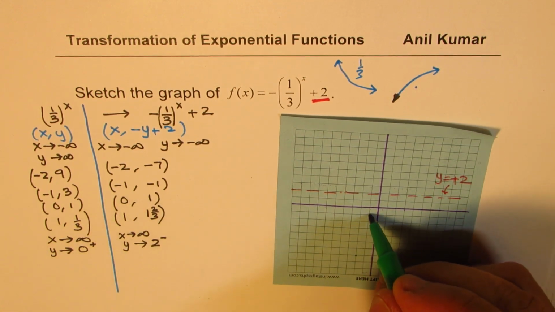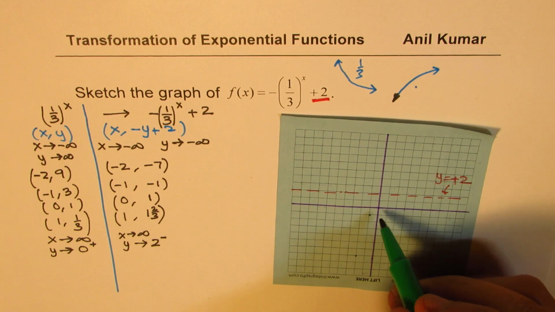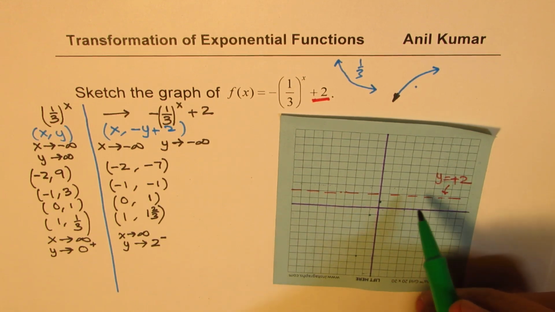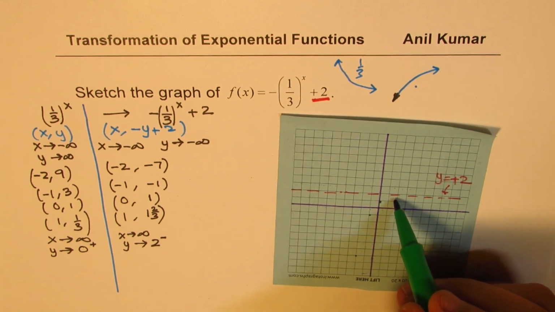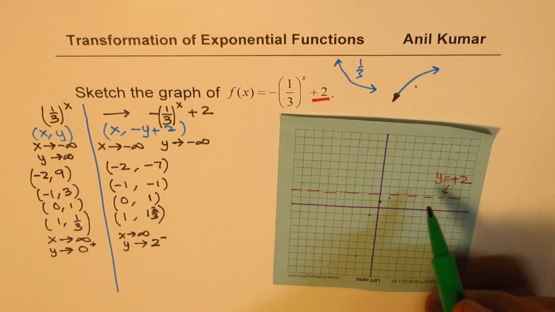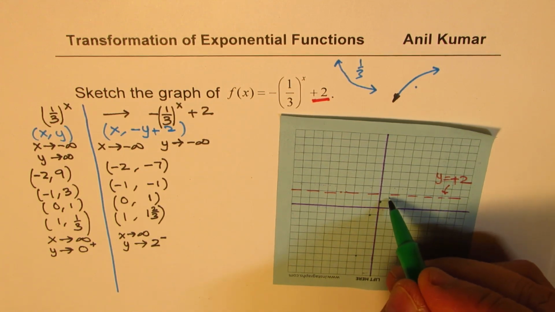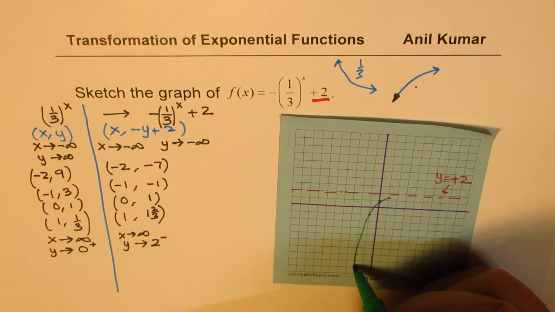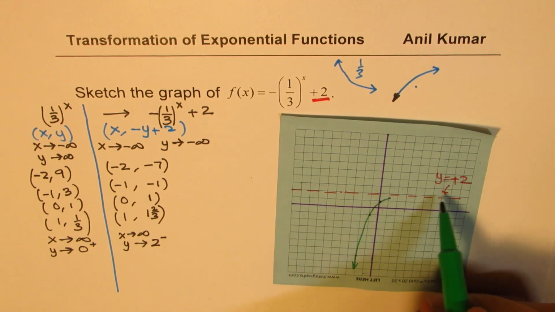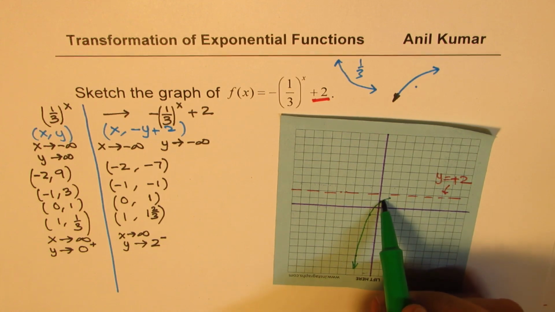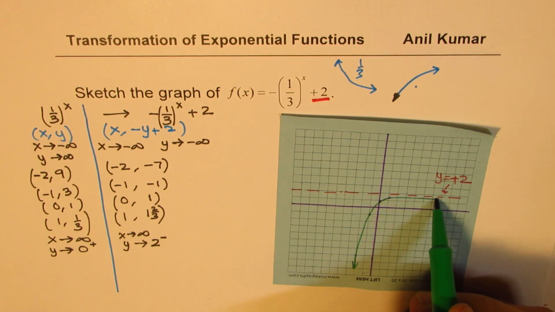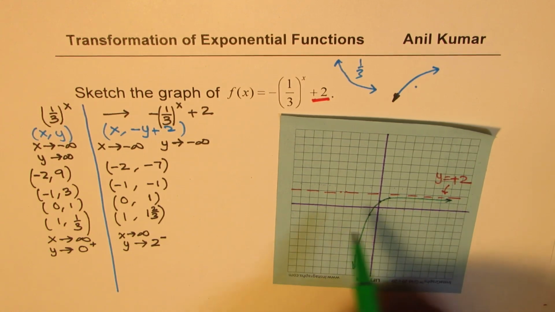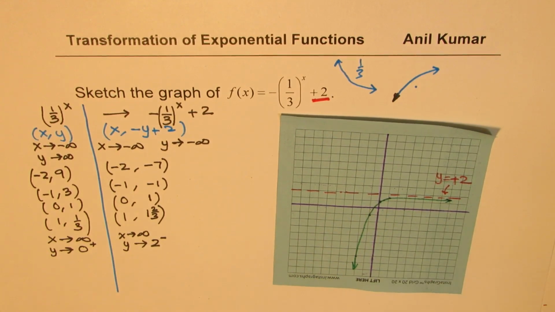Minus 1, right there. At 0, it is 1. At 1, it is less than 2. So these are the good points. The graph on this side is dropping very fast, exponentially, going towards negative infinity, and on the right side it is approaching 2. So it is going like this. Do you see that part? That is how you're going to sketch your graph.